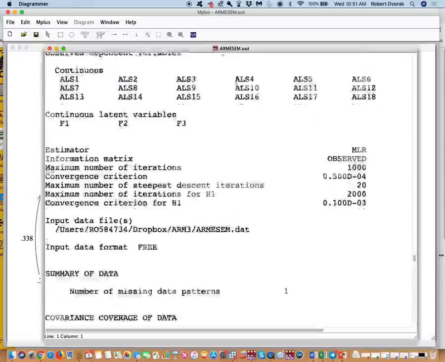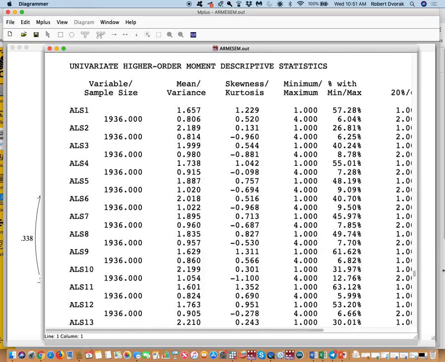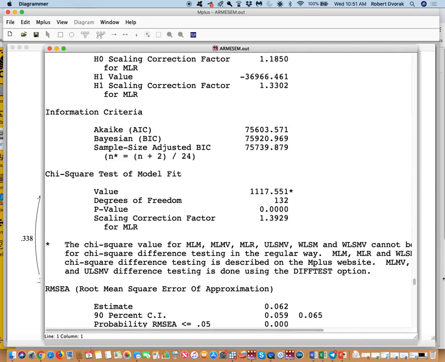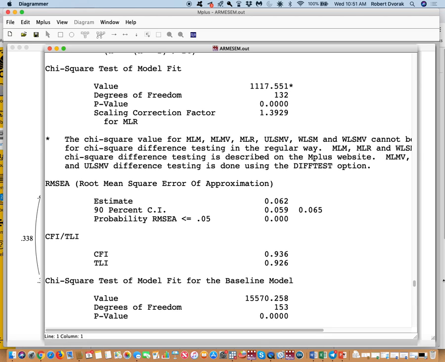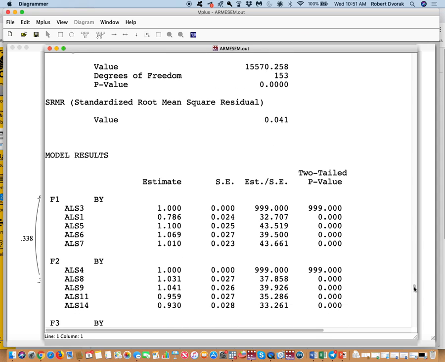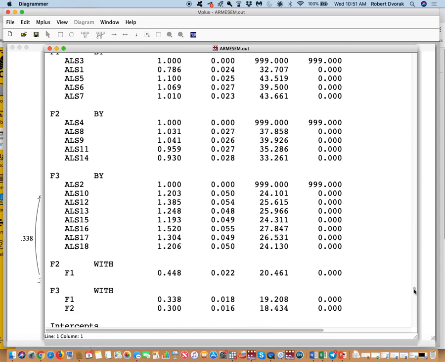Just FYI, I have not run this model, so I don't know how it's going to fit. That's a pretty high chi-square. Tell you what, though, that other stuff doesn't look too bad at all, right? Got 0.06, decent confidence intervals, 0.93, 0.94, 0.93. SRMR 0.041. Factor loadings look good.